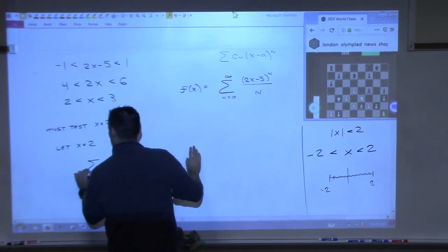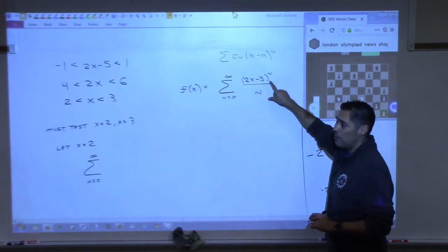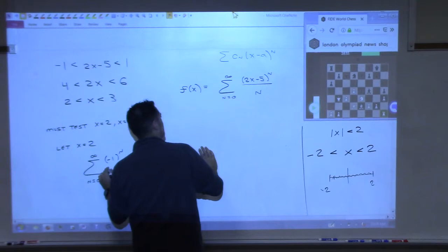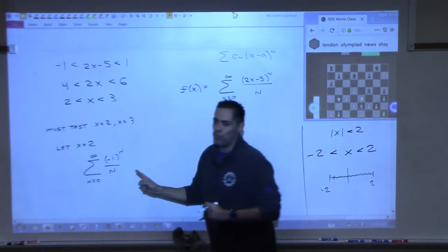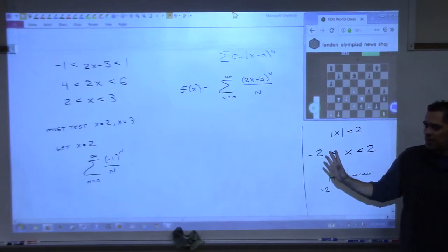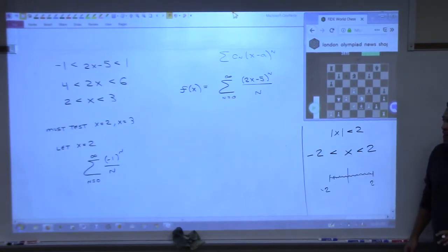If x is 2, then that's 4 minus 5, which is negative 1, to the n over n. And now this looks more like what we were doing in the last sections, right? No more x's are in there. What type of series is that? Alternating harmonic.